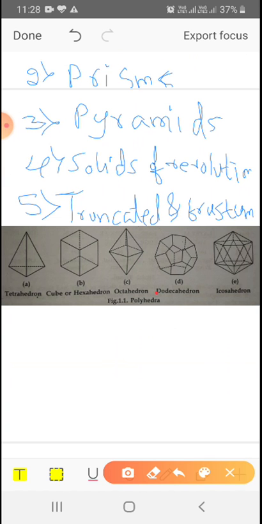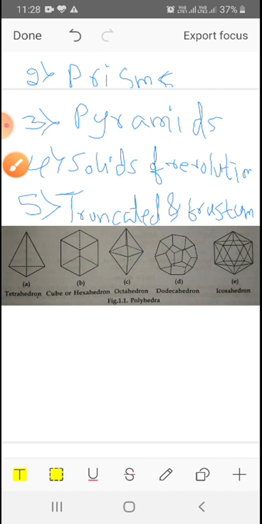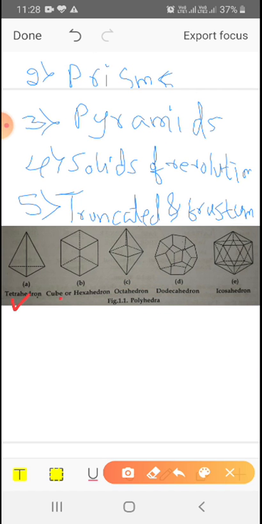This is the polyhedron. It can be classified into 5 different types. First, tetrahedron. Second, cube. Third, octahedron. Fourth, dodecahedron. Fifth, icosahedron.